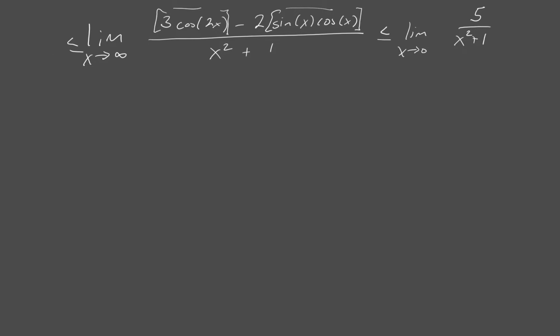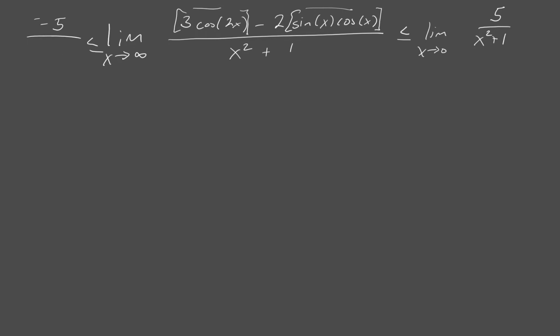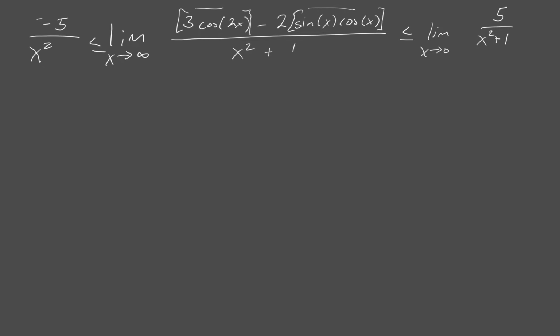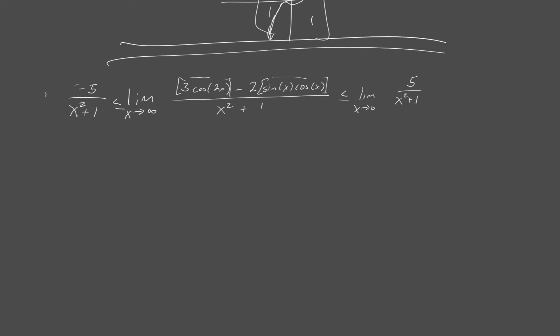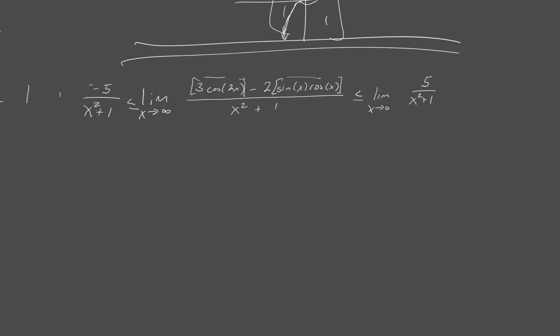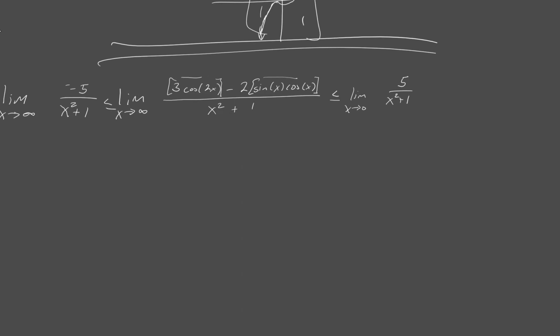And then let's put our limit in. Okay, so that's why I said it's using the sandwich theorem, because I can bound the numerator. I can bound the numerator between 5 and negative 5.